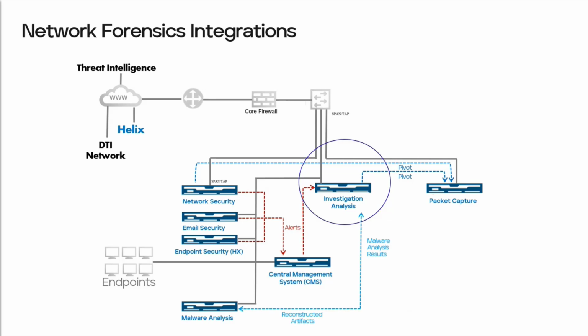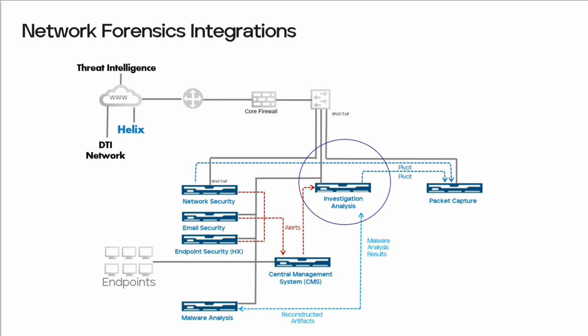Next, malware analysis. So suppose you're investigating a flow and you pulled a PCAP or you reconstructed the traffic from within the network investigation analysis web UI, and you have a few suspicious files that you want to submit for malware analysis. Trellix malware analysis does just that.